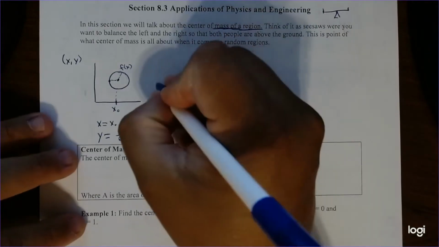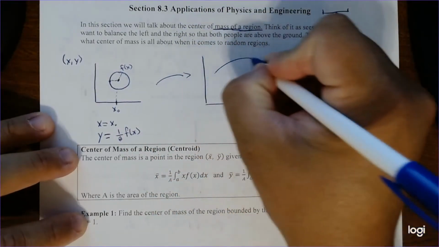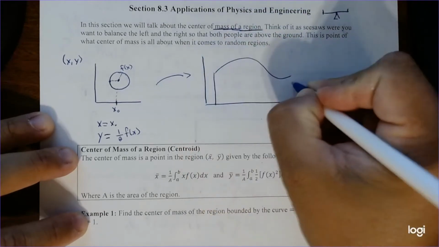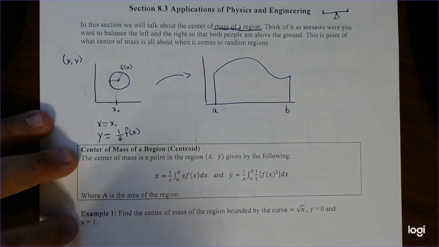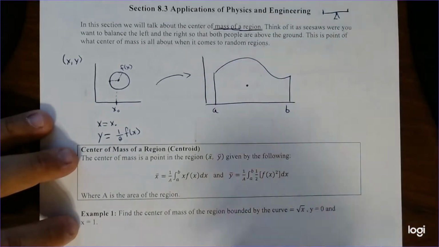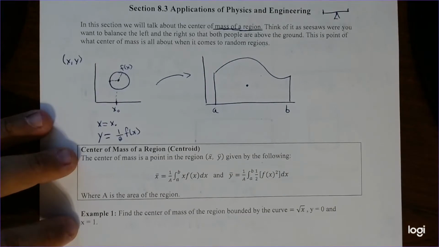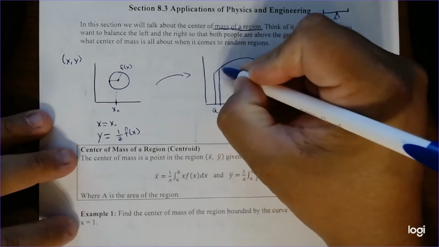Now if we translate it to an actual region with curves, bounded between here and there, we need to figure out at what point somewhere in here is the actual center of the whole thing. How we do this is the same as with a Riemann sum.